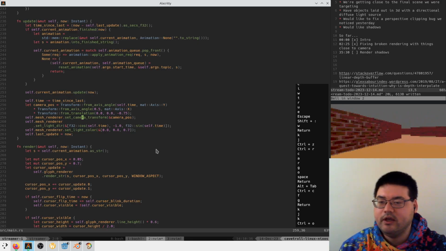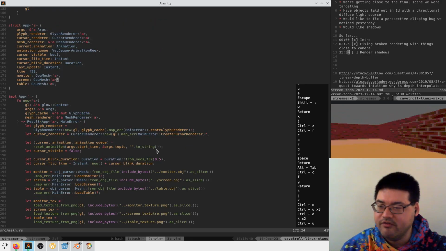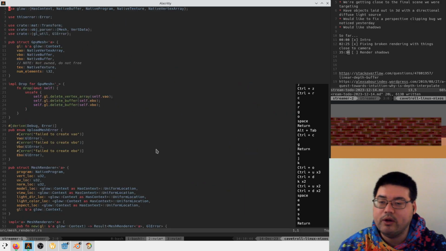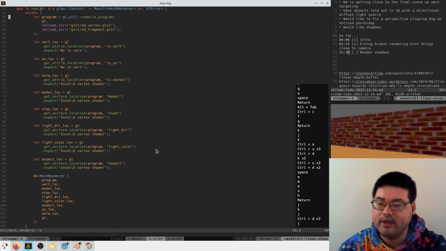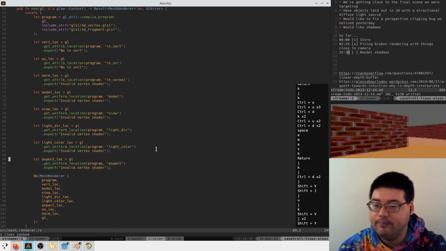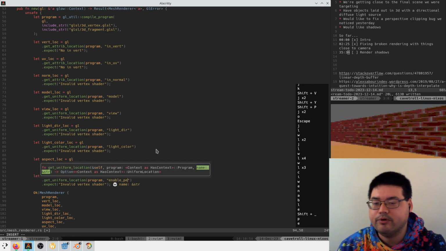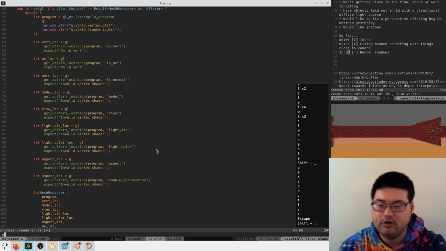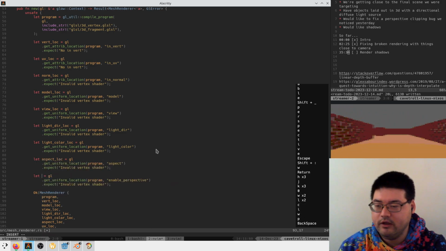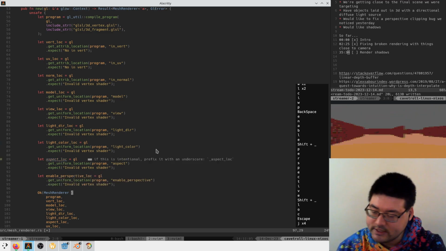Very nice. And so now we can go through some of the love of hooking this up. In our mesh renderer, one of our uniforms is going to be enable perspective, and this is going to be enable perspective location.